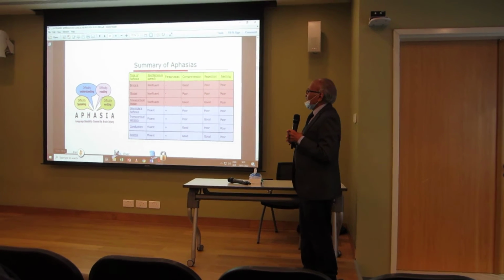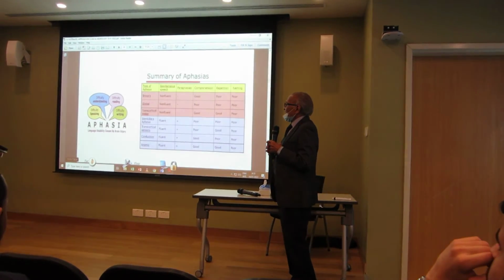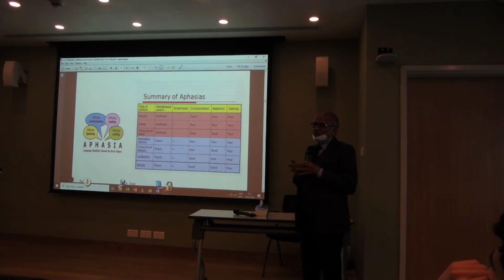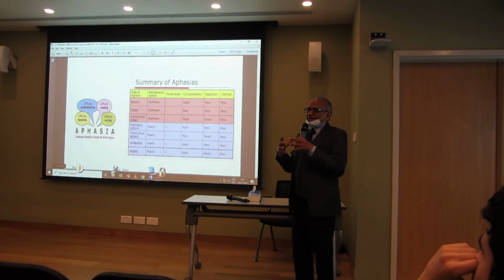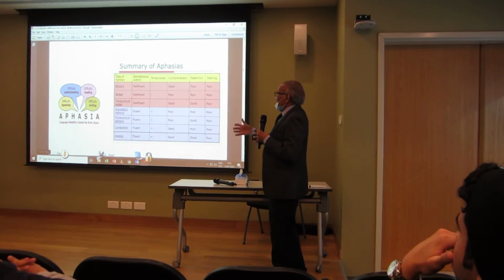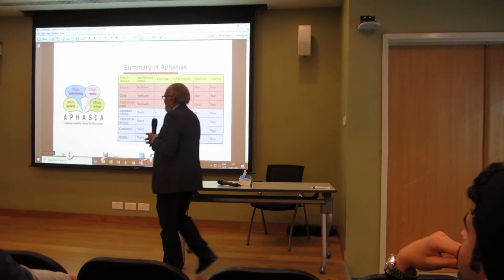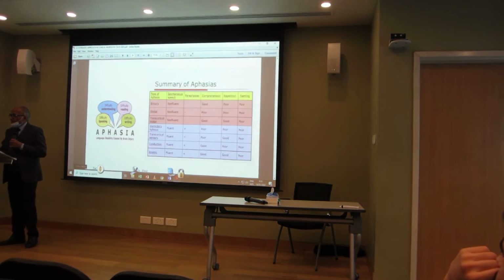For example, difficulty in understanding, deficit in reading, deficit in writing. So usually symptoms mix up. They appear in a cluster, collectively. There is a description of how they differ in presentation.